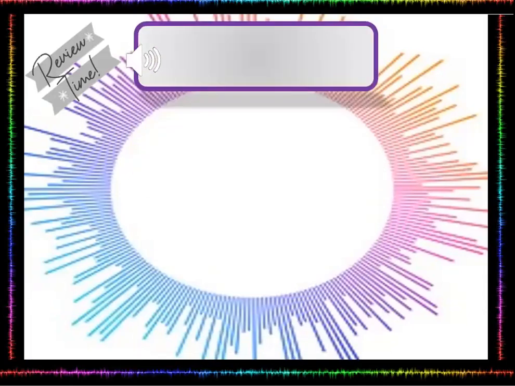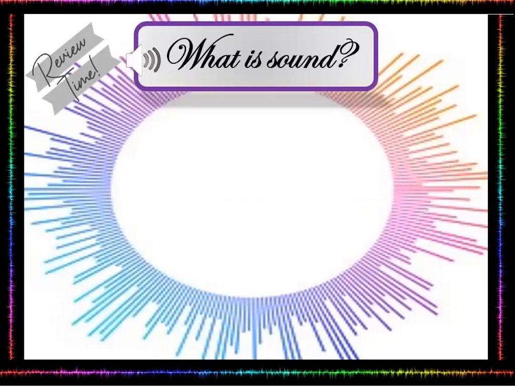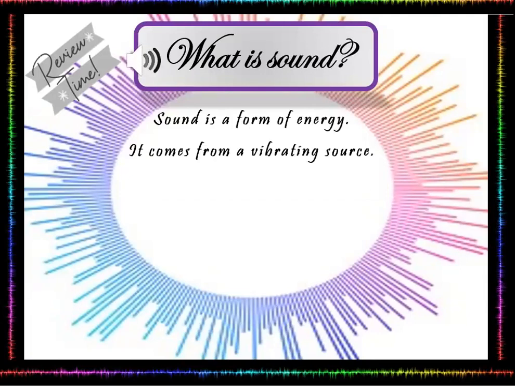So what is sound, students? Sound is nothing but a form of energy. It can be produced when we make the air shake back and forth very fast. These shaking movements are called vibrations. The sound always comes from the vibrating source.